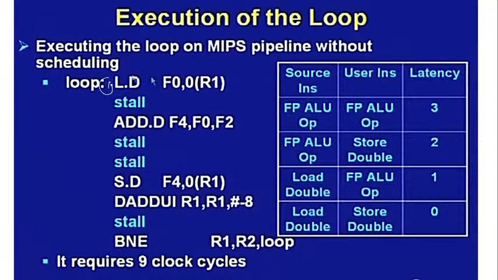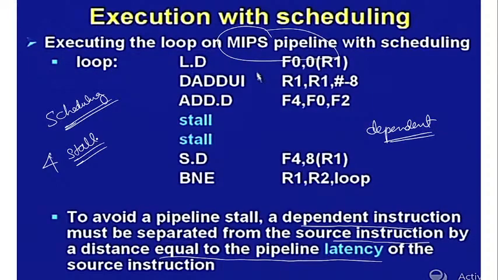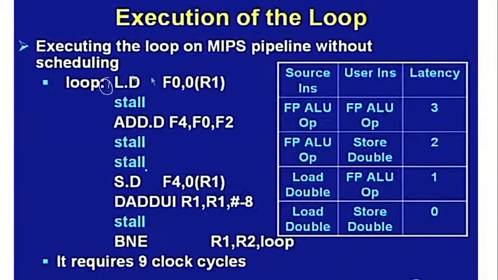In this particular case you can observe this is the first instruction, load, and after that a stall is there. So the compiler rearranged it: the second instruction is shifted to this place, because this particular instruction performs decrementing of the content of the R1 register. Here it is loading into F0, and here it is decrementing R1.